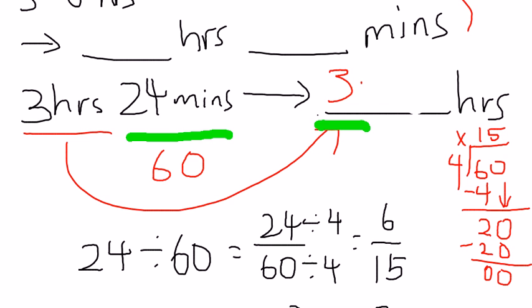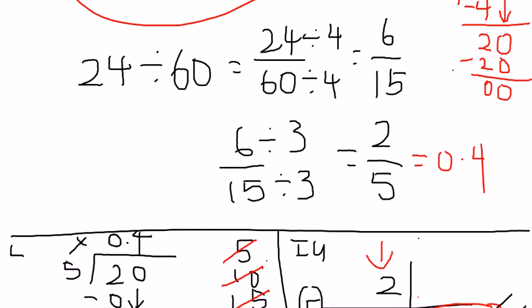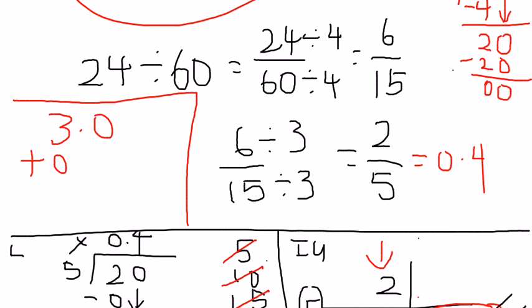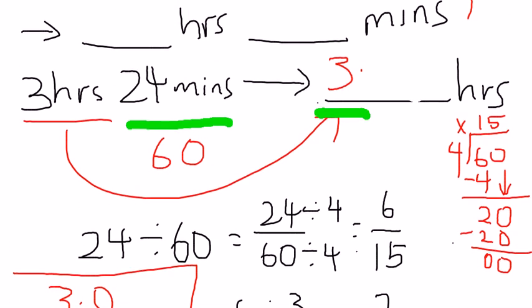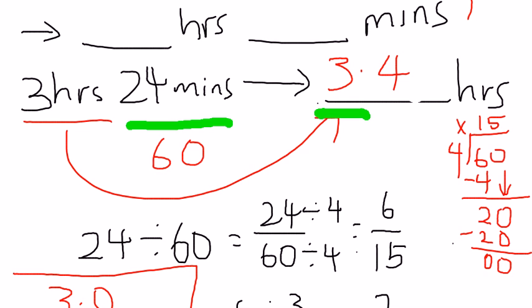One is 0.4, the other one is 3.0. That's right, very good. So that would be 3.0 plus 0.4. That will give you 3.4 hours. So this is your answer.